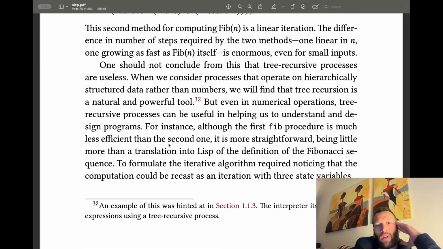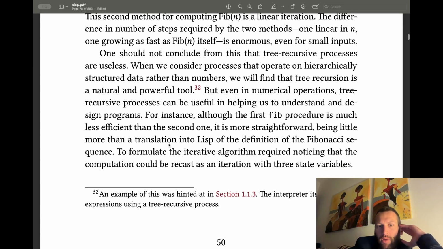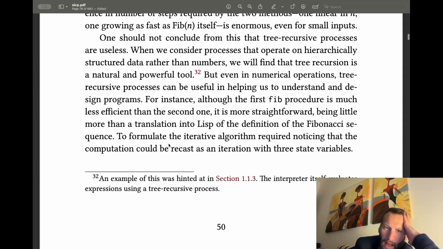For instance, although the first fib procedure is much less efficient than the second one, it is more straightforward, being little more than a translation into Lisp of the definition of the Fibonacci sequence. To formulate the iterative algorithm required noticing that the computation could be recast as an iteration with 3 state variables.